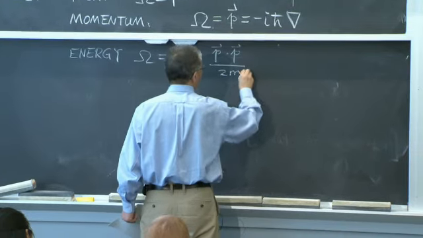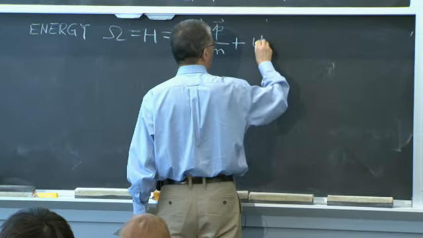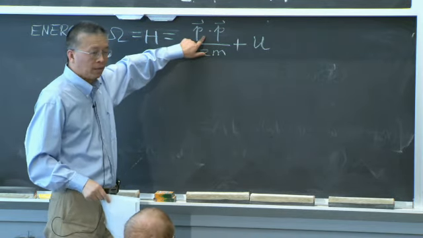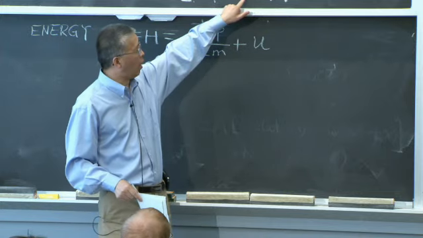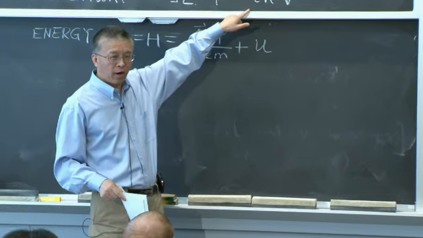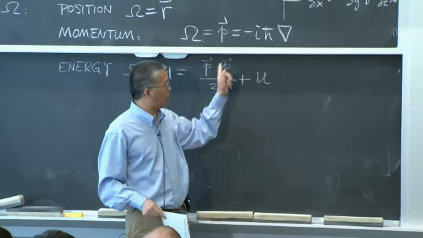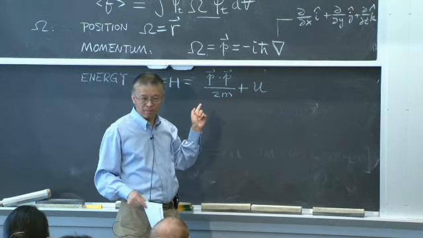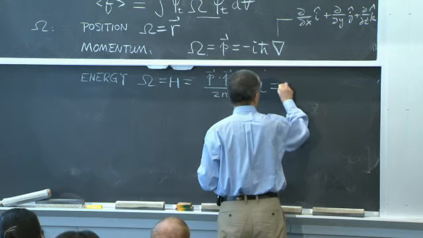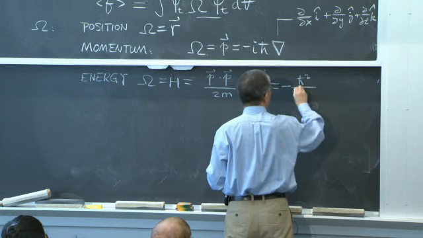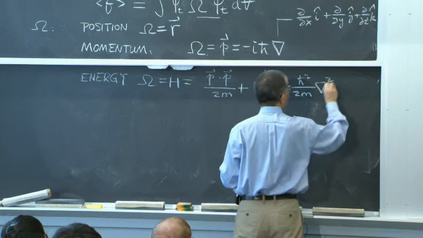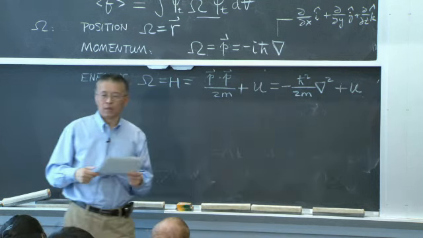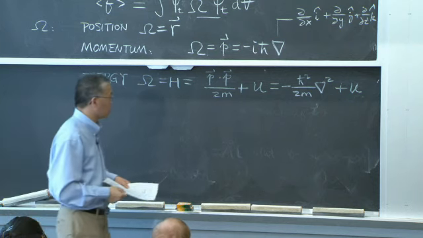So it's p squared over 2m, that's the kinetic energy, plus the potential energy. And now the p is an operator. So if you do your i h bar squared, and this gradient operator dot product gives you Laplace. So what you have here is minus h bar squared over 2m Laplace plus the potential. Potential is a function. It's another product.